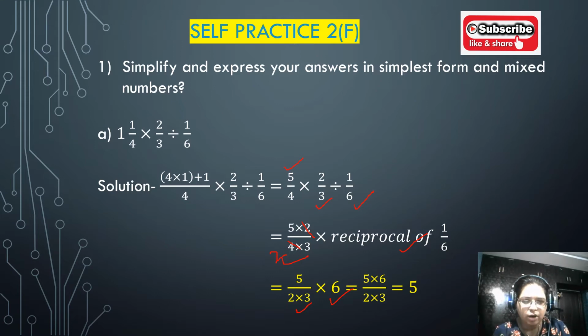That is the reciprocal of 1/6. So 5 divided by 6 multiplied with 6. We get 5 multiplied with 6 divided by 2 multiplied with 3, and 2 multiplied with 3 is 6. Just cancel the 6. So we get 5.